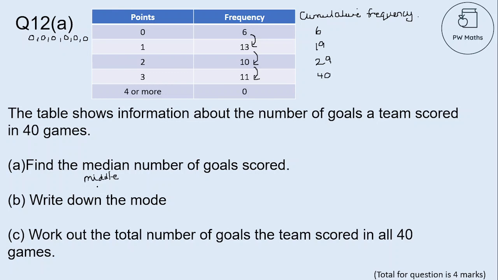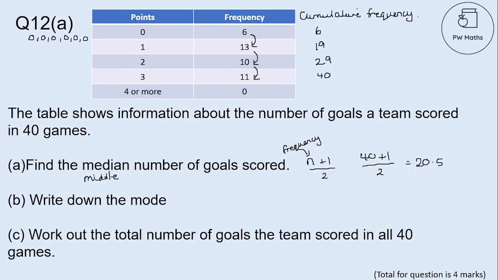Now, when we come to find the middle or the median, it is actually n plus 1 divided by 2, n being the total frequency. So we've got 40 plus 1 divided by 2. Use your calculator. It's 20.5.